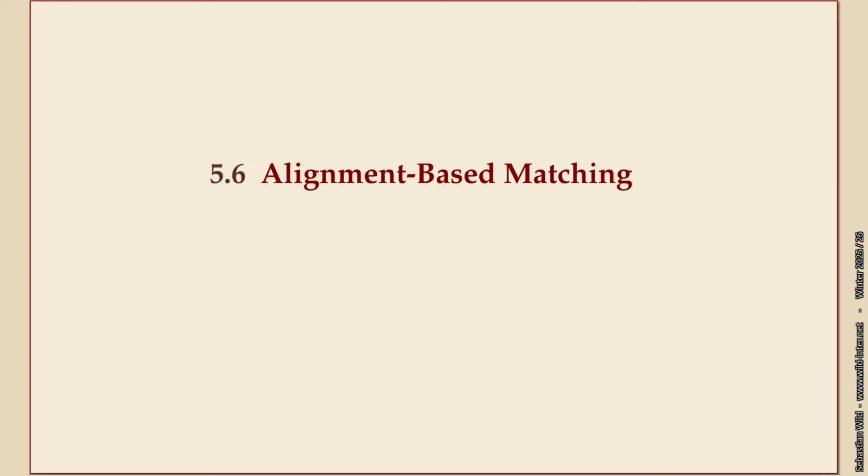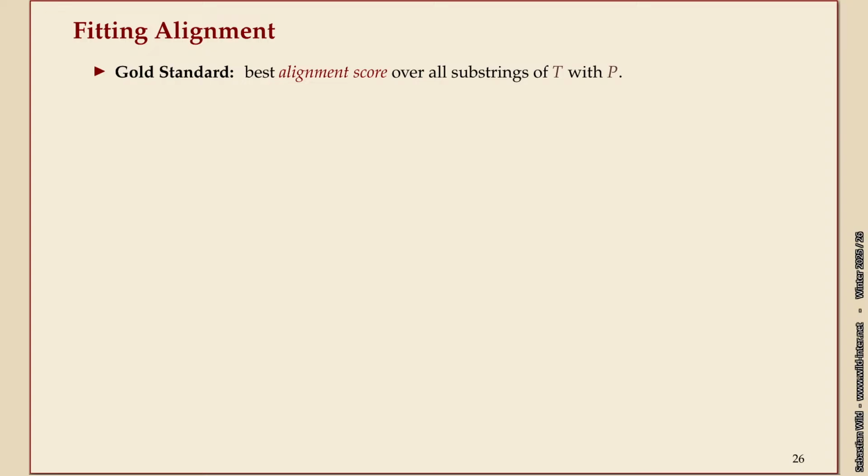For the first round, let's look at alignment-based matching. So the most general version of what it could mean to match not exactly. I will call this the gold standard of inexact string matching or of read alignment, in that it's the most precise kind of criterion for how good a match is. It misses the fewest sensible matches.